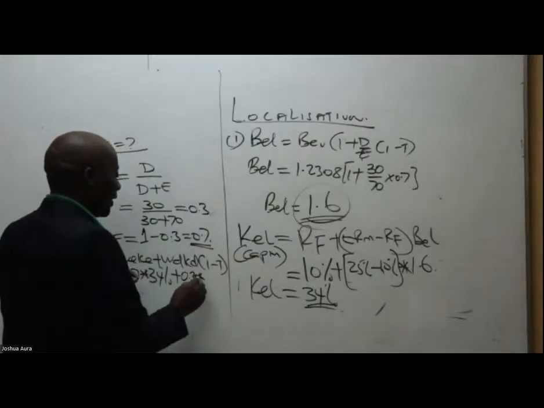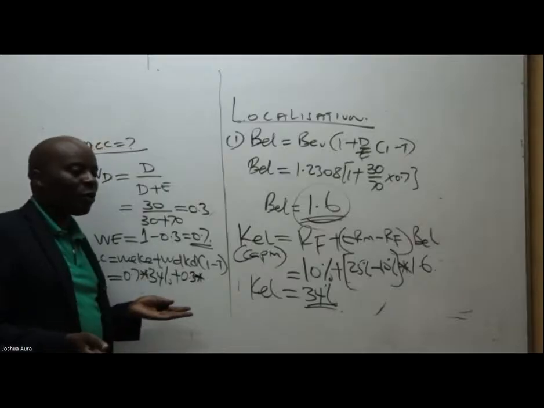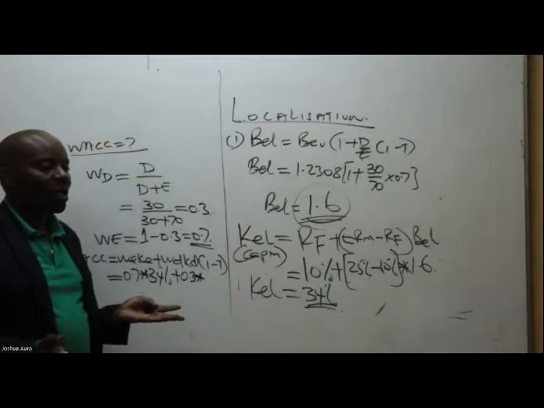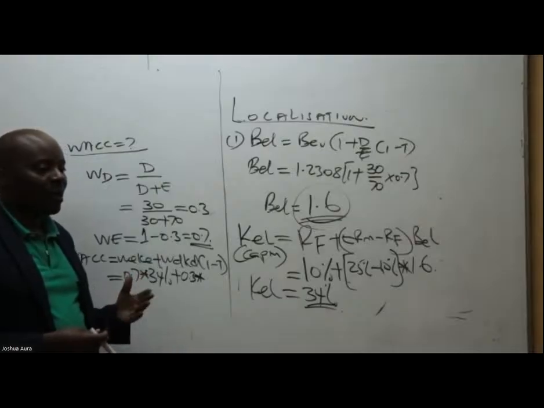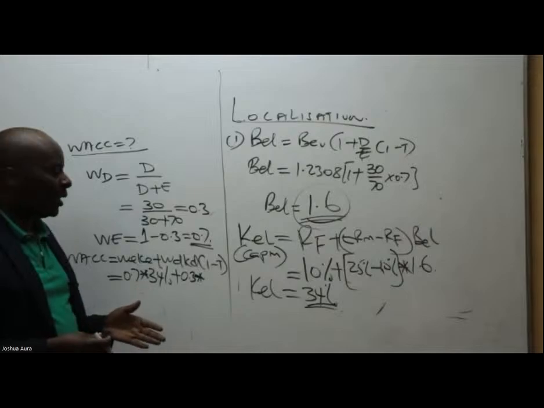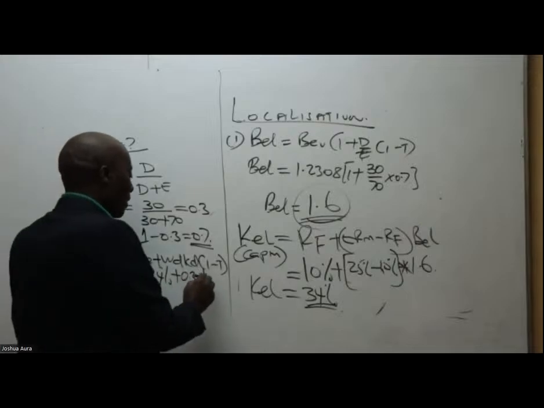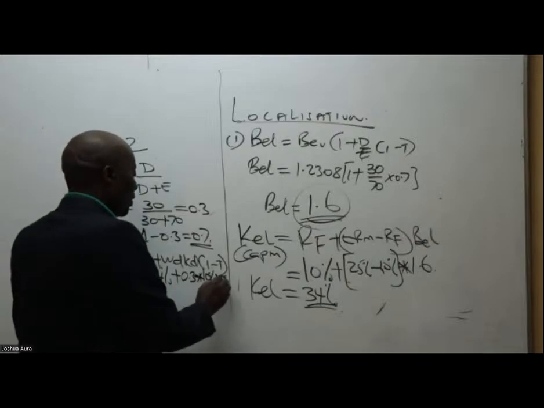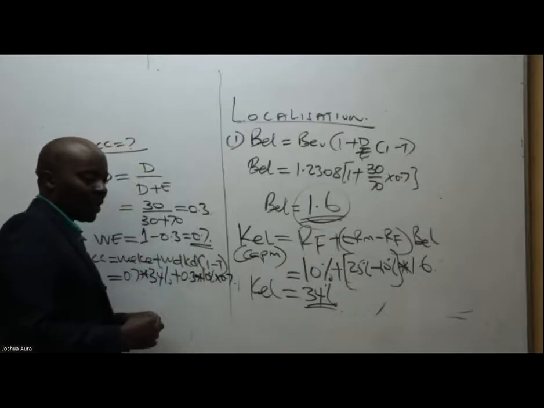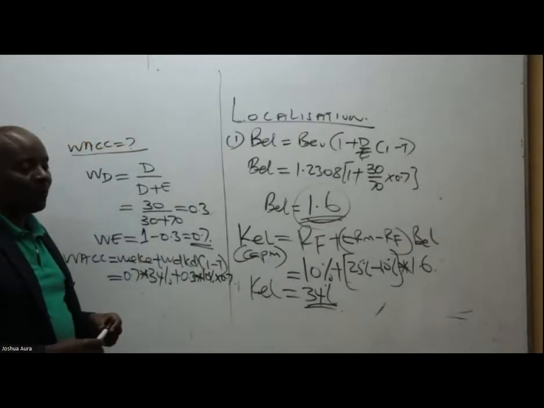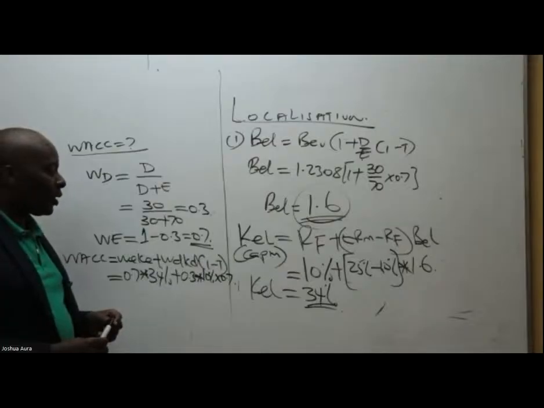Cost of debt, has it been given expressly or do we work with risk-free, which is 10%? We take risk-free, which is 10%, and multiply by 0.7 because of 1 minus tax.